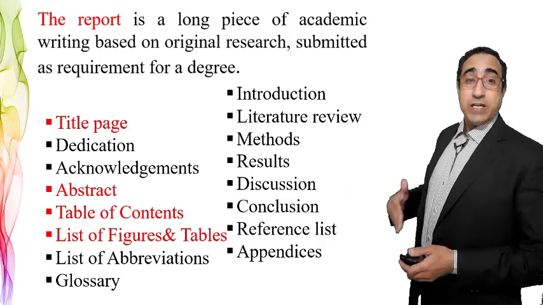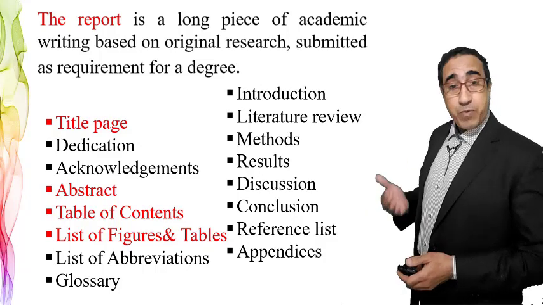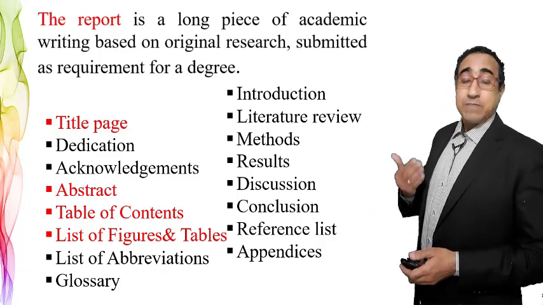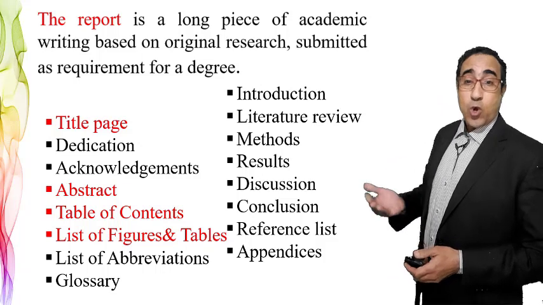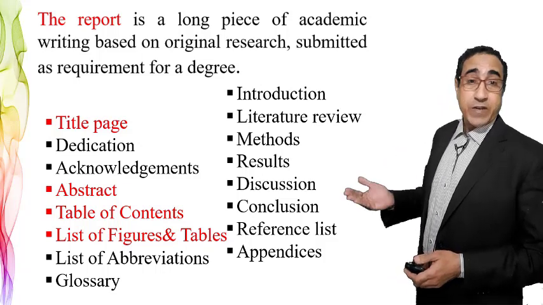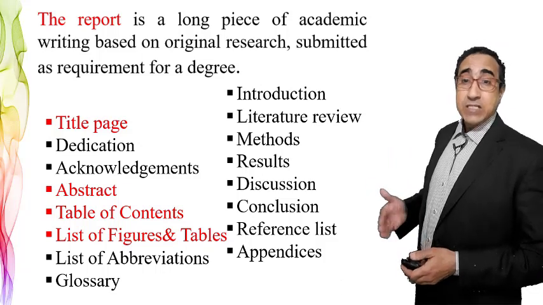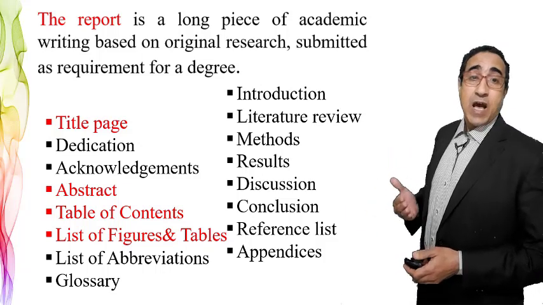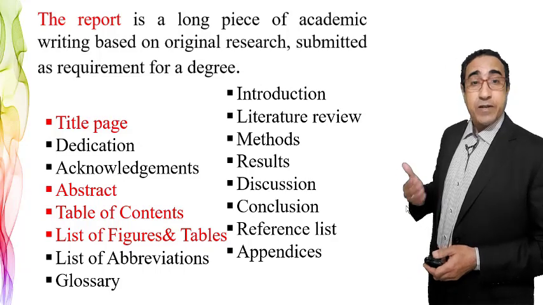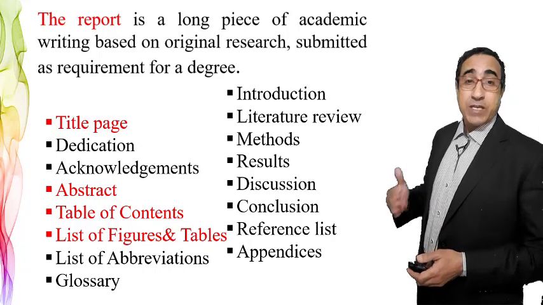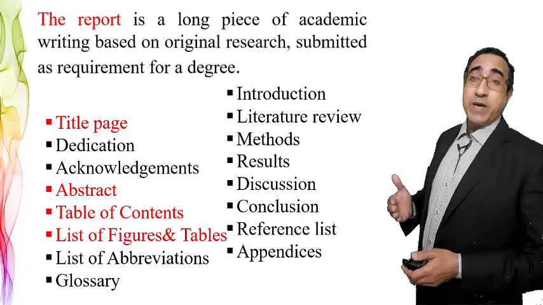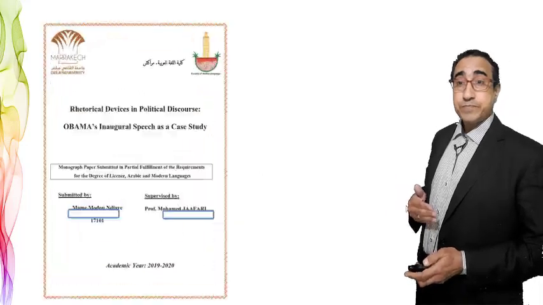Of course, here it depends also on the type of the research, whether it has appendices or not. But reference list, conclusion, discussion, results, methods, all these are necessary. That is the body or part of the body of research.